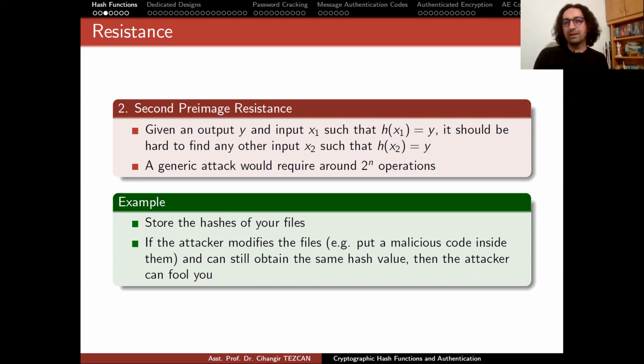So at the court, they can give a different hard drive, which is different than the one at the crime scene, and claim that this was the hard drive at the crime scene. And this can be done, and unfortunately, if you use a bad hash function like MD5, which I observed that people are still using in Turkey, then this kind of thing can happen. Okay, so you have to avoid some broken hash functions, which will be the topic of the next video.